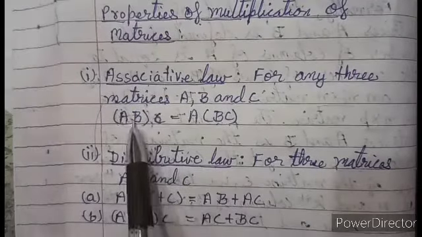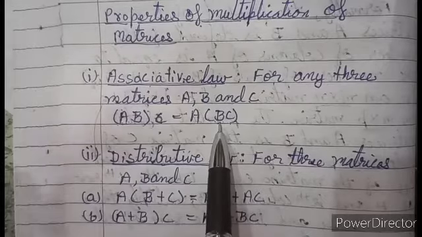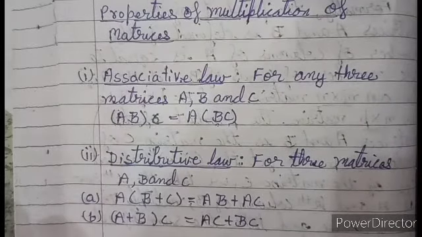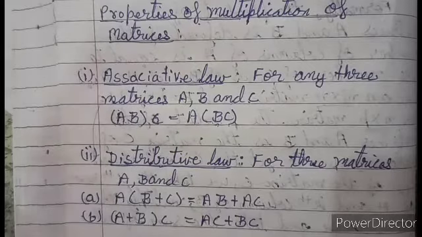But it should be remembered that whenever we are multiplying two matrices, the number of columns of the first matrix must be equal to the number of rows of the second matrix.